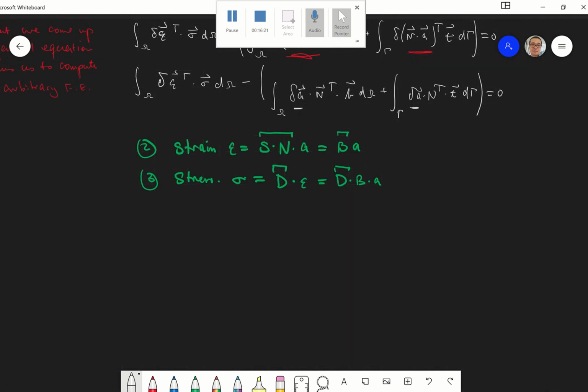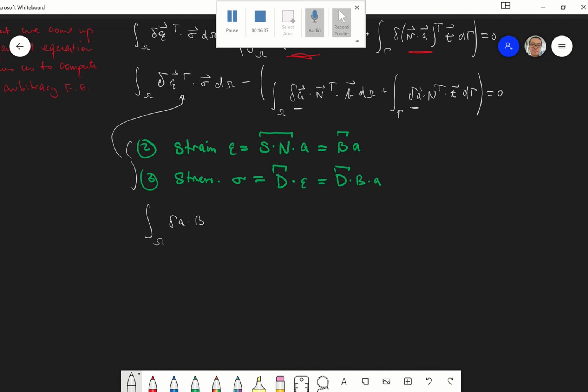So if we plug 2 and 3 into this bit there, that will allow us to come up with an expression that looks like this. The first term now becomes what?